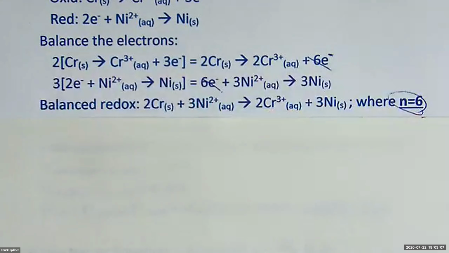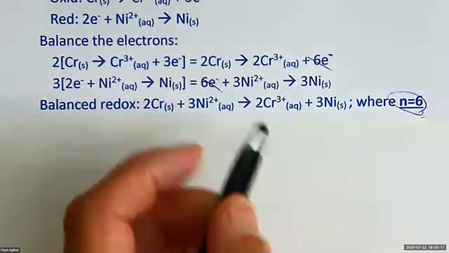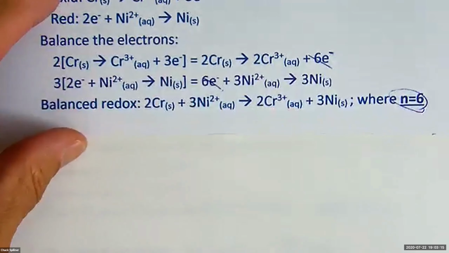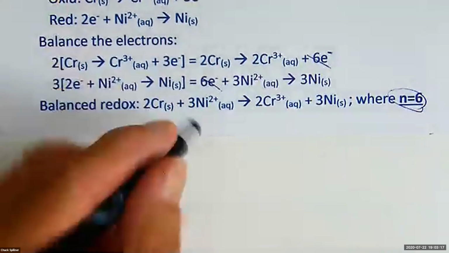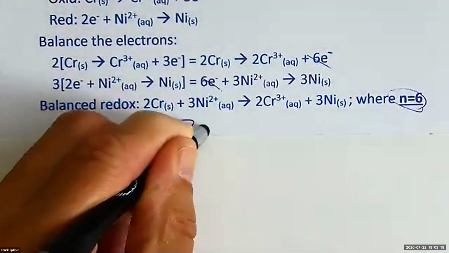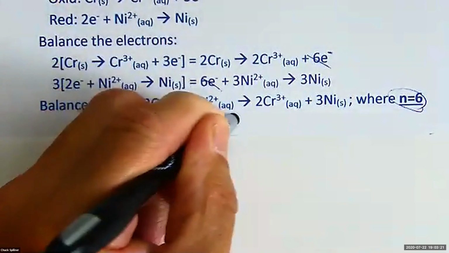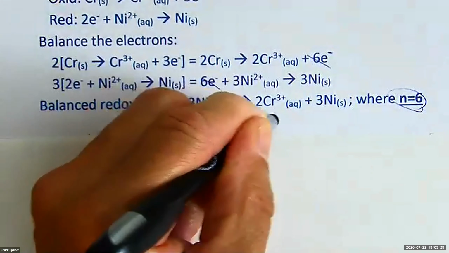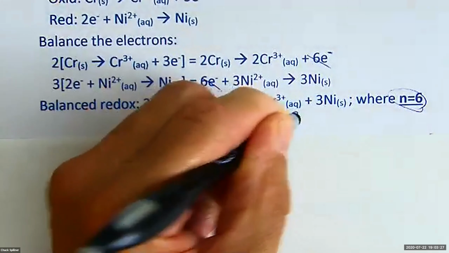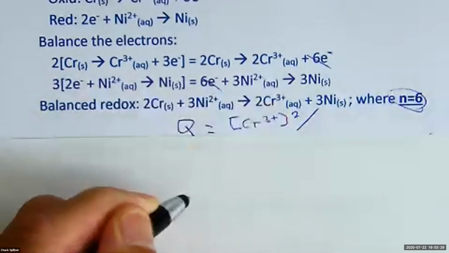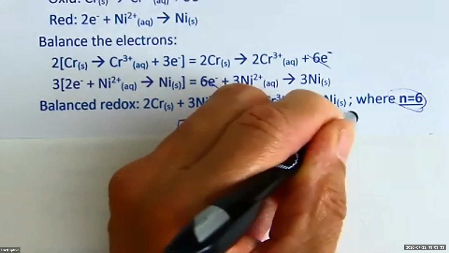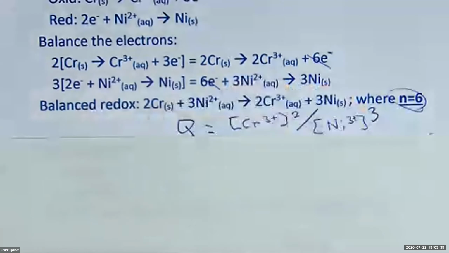So our n is equal to 6. We do need to pay attention to the coefficients here, because we're going to use Q. Let me just write what Q is. We need to have our value here. So Q is going to be all the aqueous products squared divided by the nickel concentration cubed.